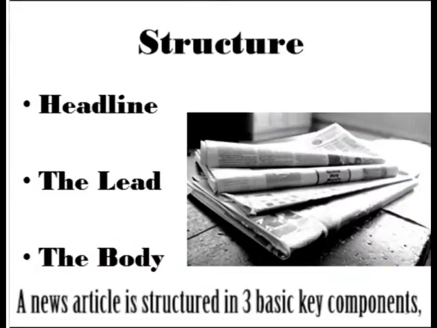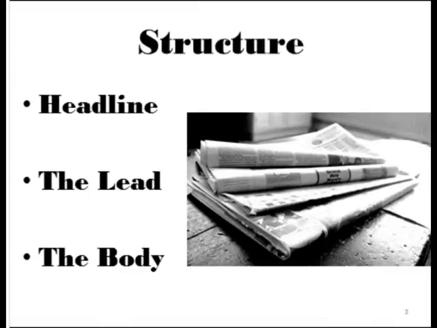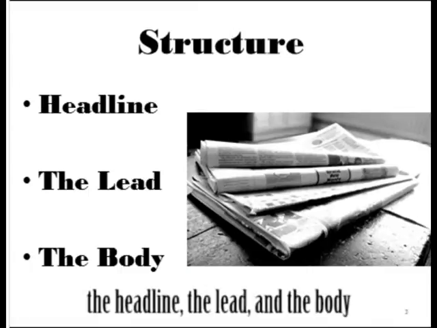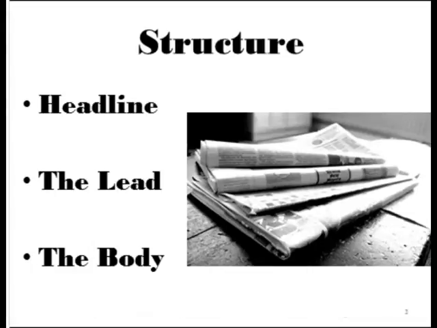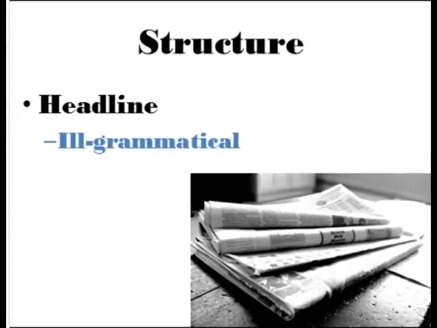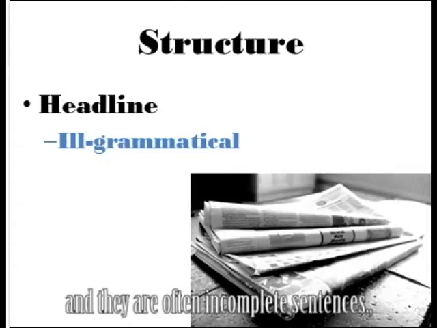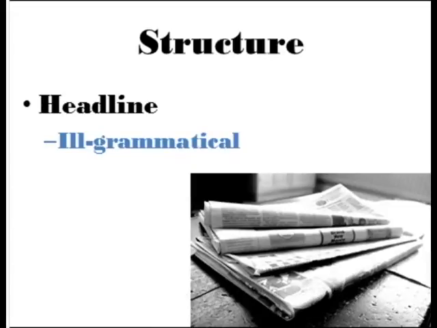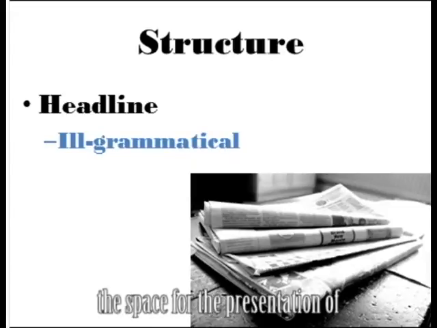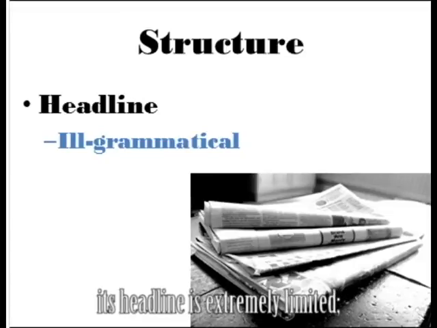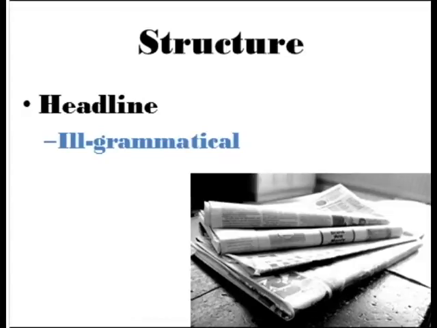A news article is structured in three basic key components. They are the headline, the lead, and the body. Generally speaking, the wordings of headlines tend to be ideogrammatical, and they are often incomplete sentences. This is because the space for the presentation of its headline is extremely limited.